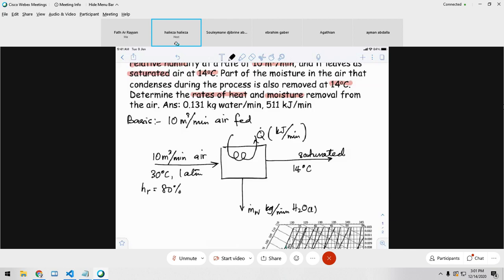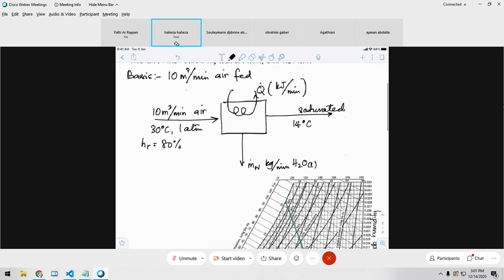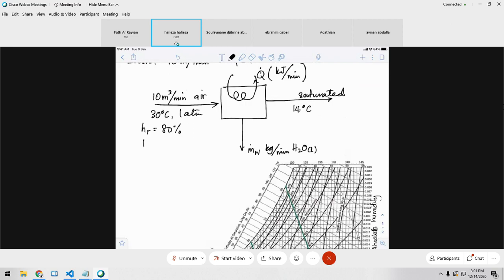We are going to solve it exactly as we did before. We need to find the enthalpy of A. Let's give it a symbol this time, H1. The specific enthalpy of the outlet air is H2.